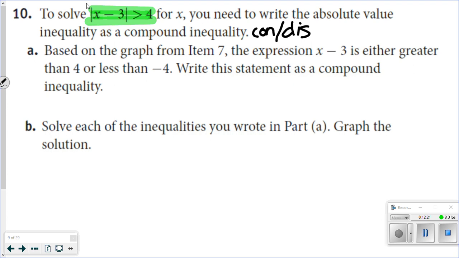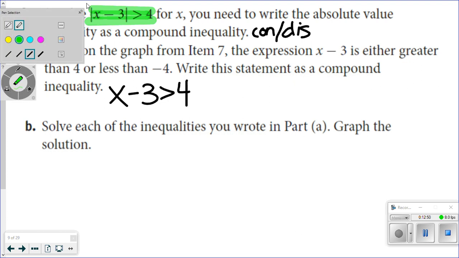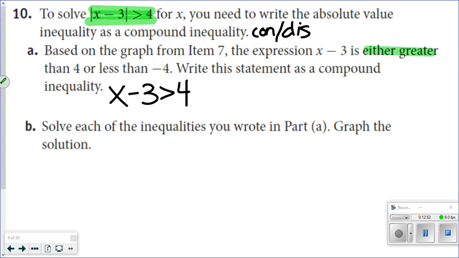Okay, so just like we did with absolute value, we need to isolate first and then drop our bars. So we know that this is a disjunction because we talked about it in questions 7, 8, and 9. So let's just drop our absolute value bars. So we have x minus 3 is greater than 4, and it tells us greater than 4.